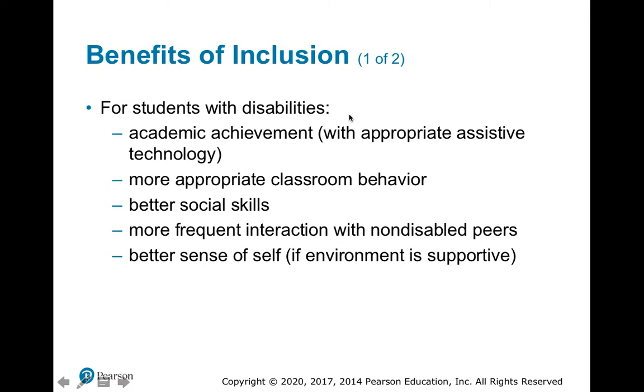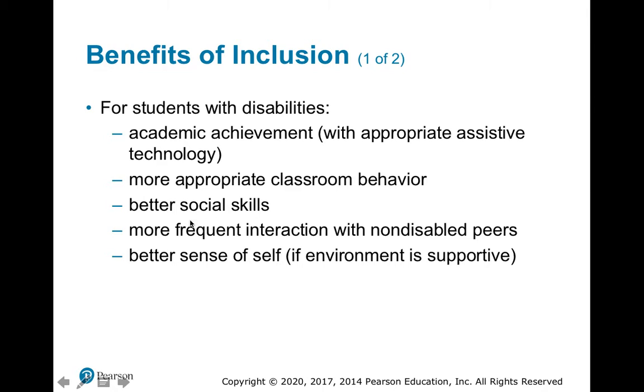So some benefits of inclusion for students with disabilities: it will help them on academic achievement, by having the appropriate assistive technology or strategies, more appropriate classroom behaviour because they have interaction with the class, with the students.